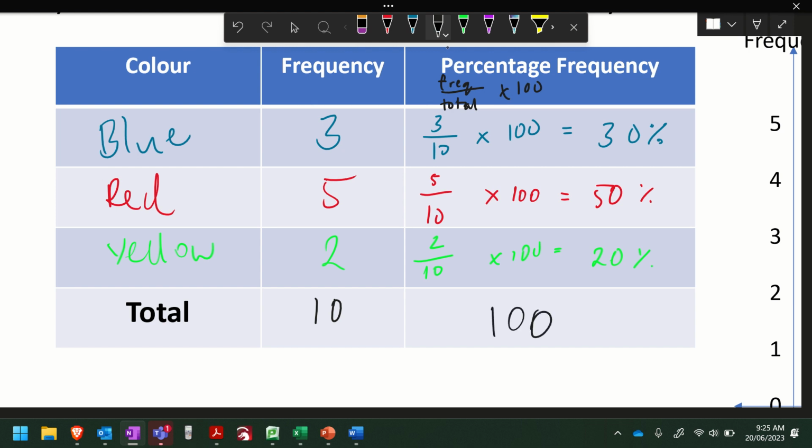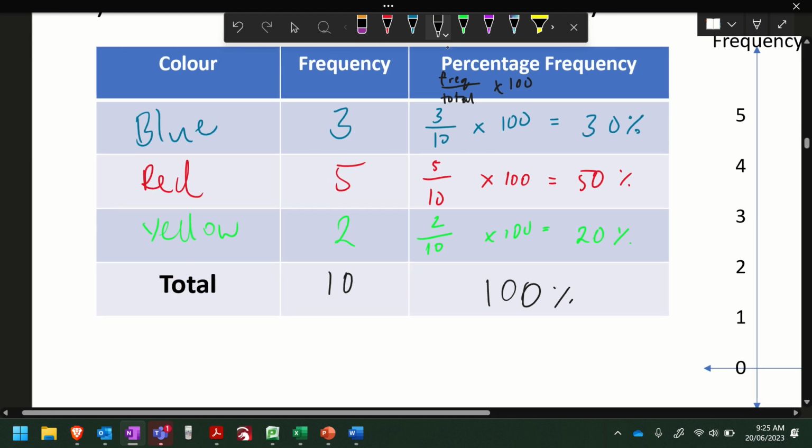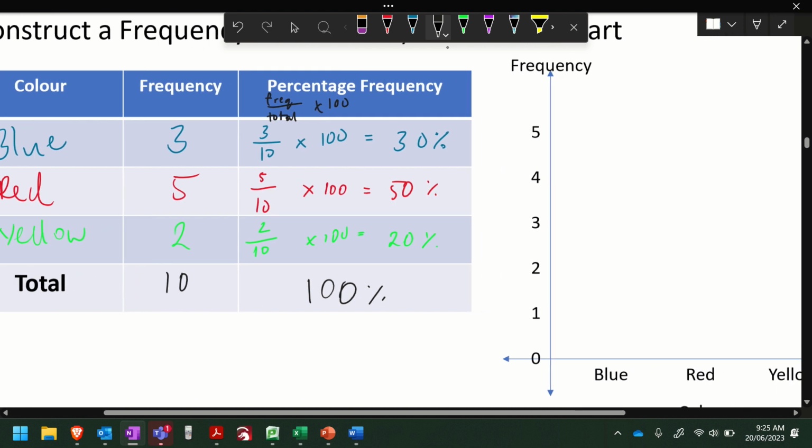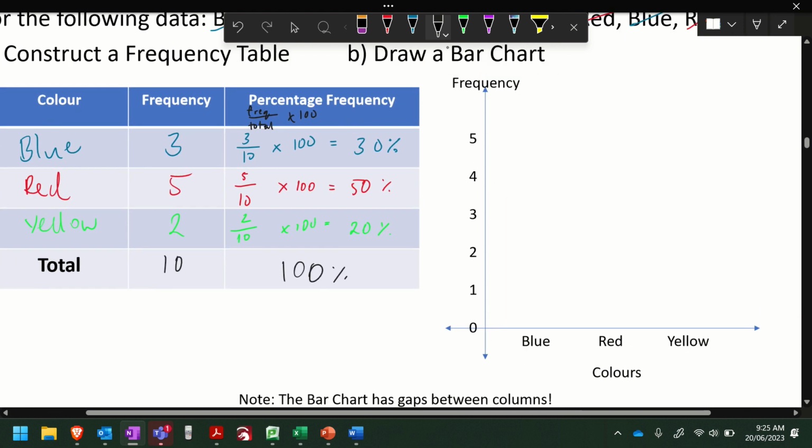Thing is, though, sometimes when you do this, depending on the rounding that you do, it might be like 99.98 or 100.01, and that's okay. All that matters is that it should equal up to 100. It might depend on your rounding, depending on the values that you have. So the next thing now is we need to translate that to our bar chart.